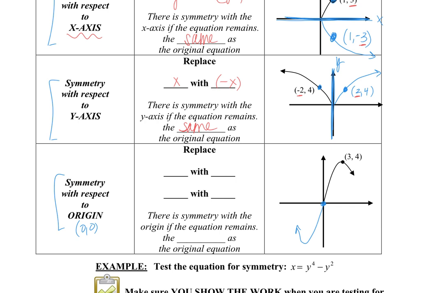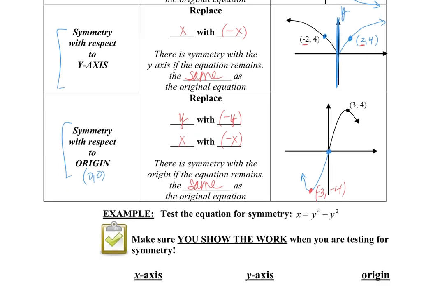So this point down here would be at (-3, -4). That's what happens when I have symmetry with respect to the origin. So I would replace both things, y with the opposite of y, and x with the opposite of x. And if when I simplify that, I get the same as the original equation, then there's symmetry with respect to the origin. So these are actually three separate tests, okay?